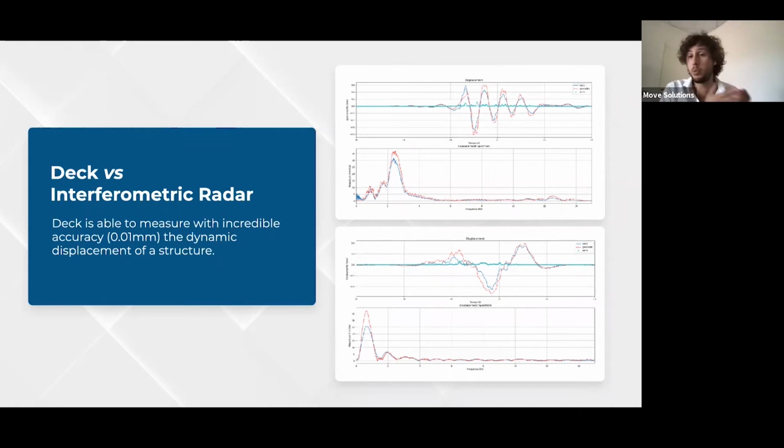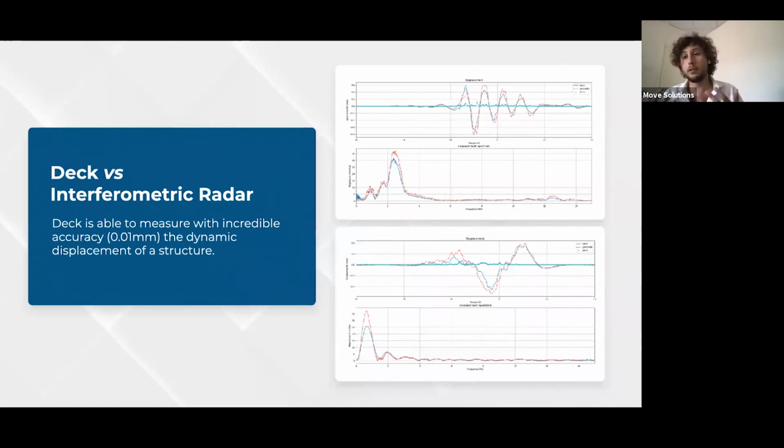It is really good, because when we're talking about dynamic monitoring, we'll have movement that can be also in millimeters, centimeters, but then we will have movement that is really small. So it's important to have this kind of resolution and accuracy as well.